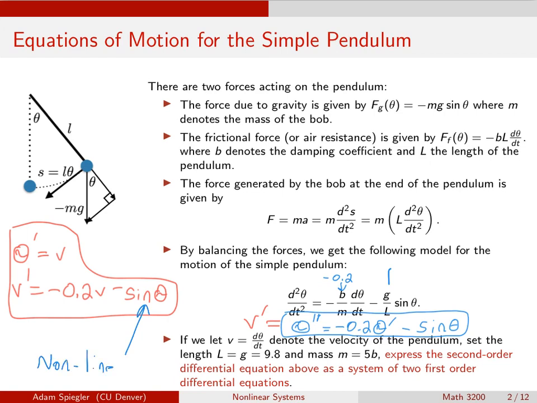So some of the techniques that we've been using with linear first order differential equations, we're going to have to see how they might be able to help us in a situation where we have a nonlinear system. So I skipped some of the details here about how we can derive these equations of motion because I want to have you guys try and do that as one of your homework problems. But if you have any questions on it, you certainly can let me know.